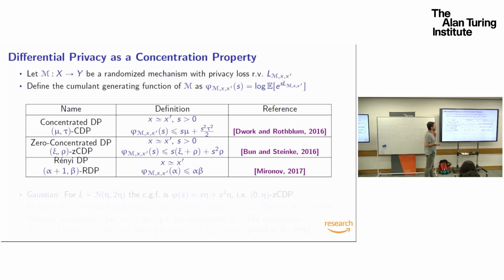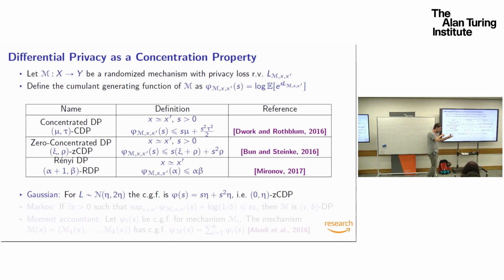So why is this interesting? Well, first, it abstracts something that is at the heart of the proof that I gave you for the privacy of the Gaussian mechanism. If you look back, you'll remember that the privacy loss random variable of the Gaussian mechanism is a normal with mean eta and variance 2 eta, which basically means that the cumulant generating function is s eta plus s squared eta.